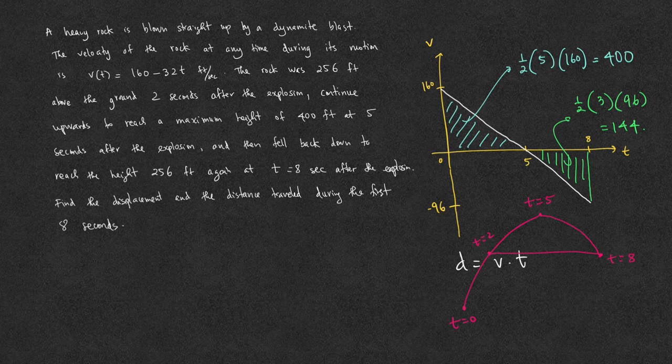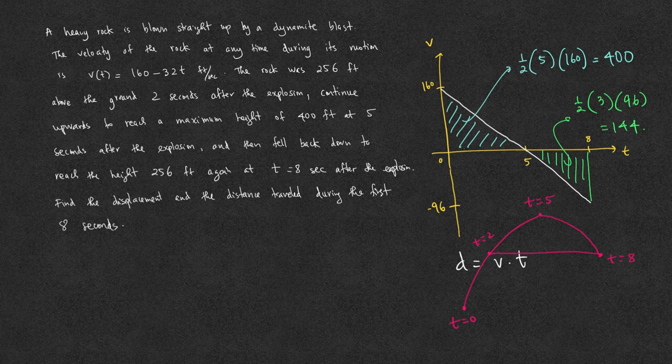From this, we see that from 0 to 5, the above graph gives us the area, which is the distance upward, and from 5 to 8, it gives us the area, which is the distance downward.